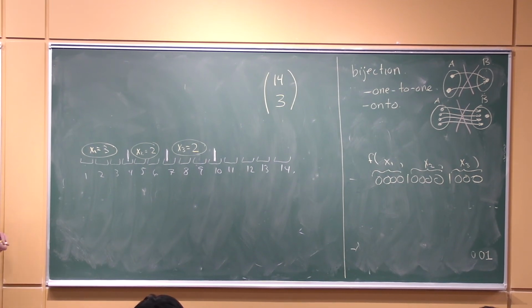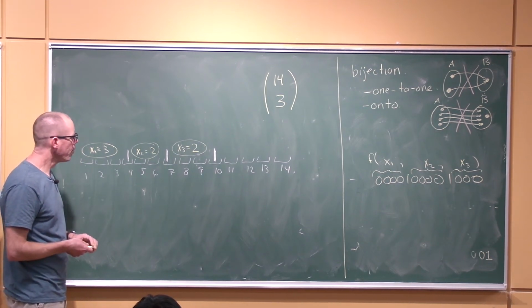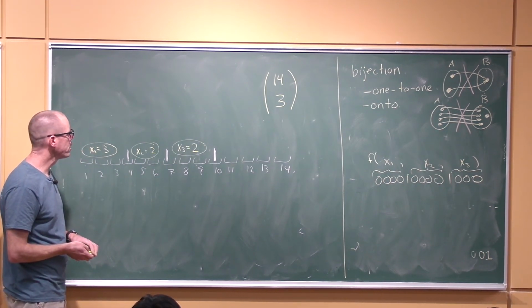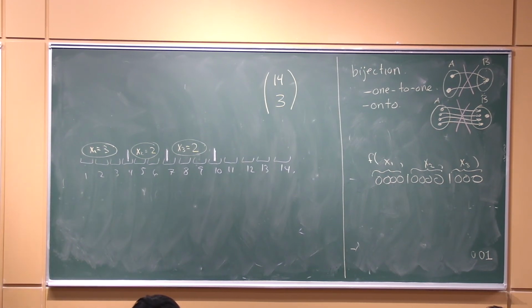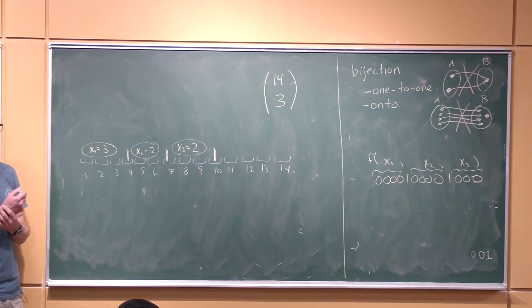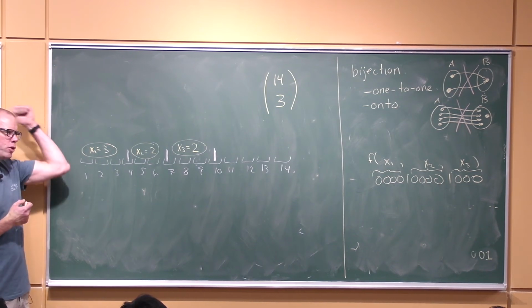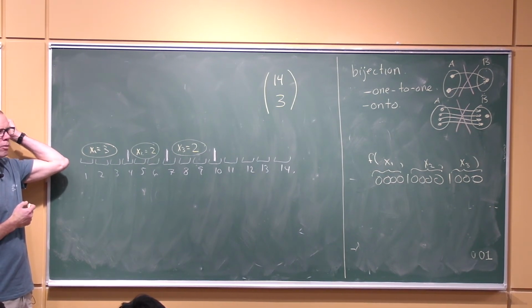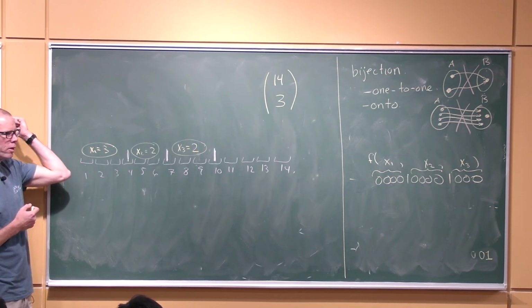Now, if you're a masochist, you have to then say, okay, let's carefully check that indeed there is a function between these bit strings of length 14 that have exactly 3 1 bits, and solutions where x1 plus x2 plus x3 is less than or equal to 11, an integer, and so on.